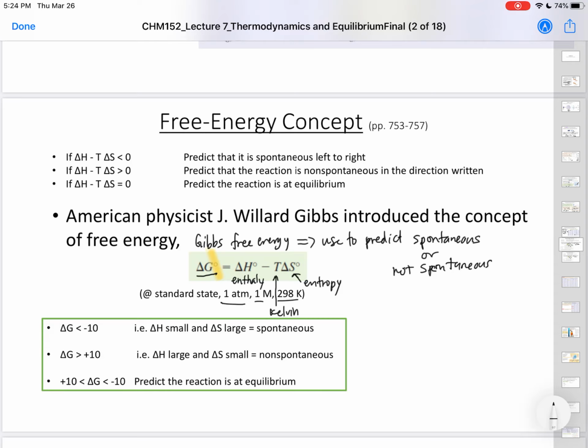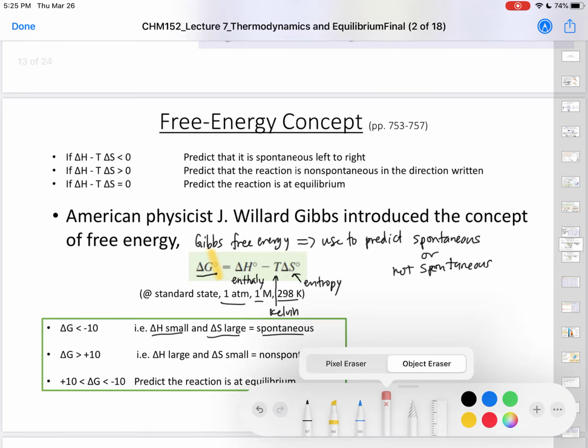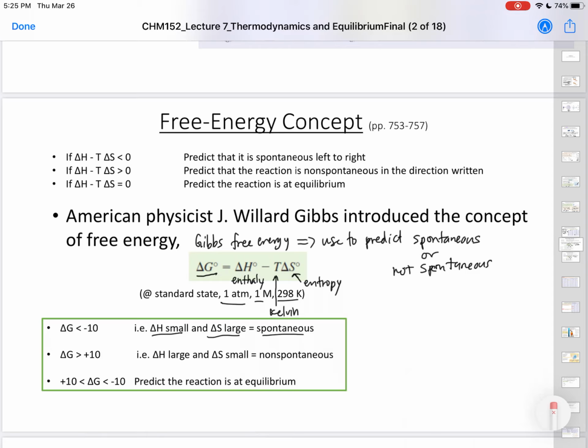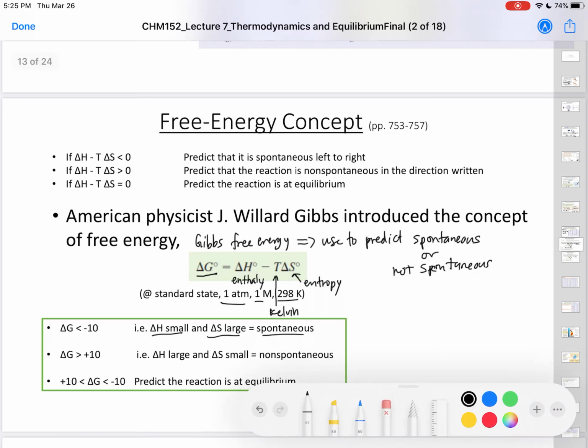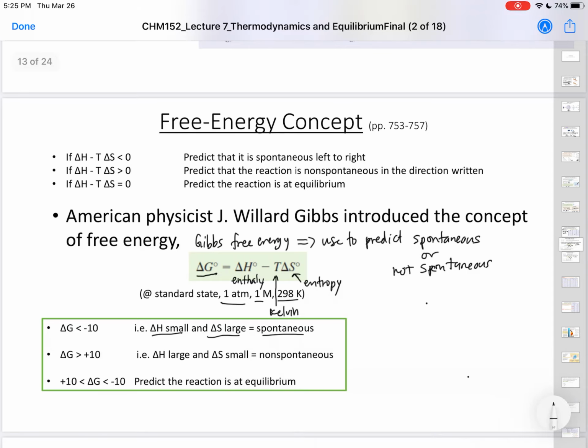So in this particular case, and I would write this down on your periodic table. If delta G is less than minus 10, we say delta H is small, delta S is large, it is spontaneous, all right? The only way the Gibbs free energy value here could be negative, or less than minus 10, is if this value, so if you're looking at it, you're saying this is a large negative value, okay?